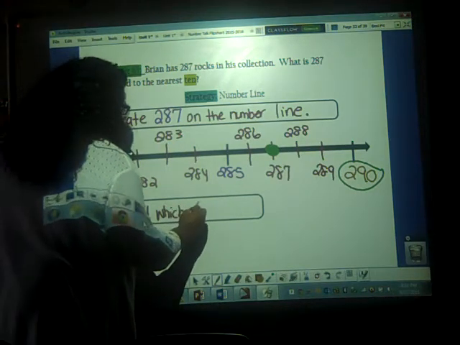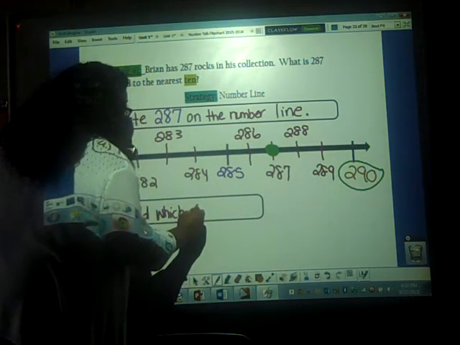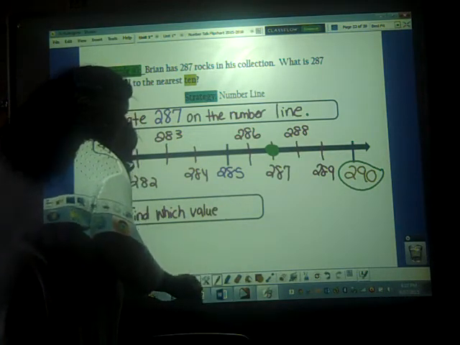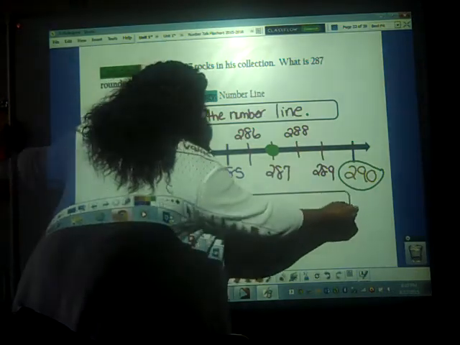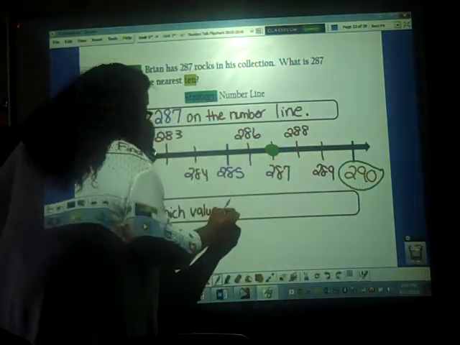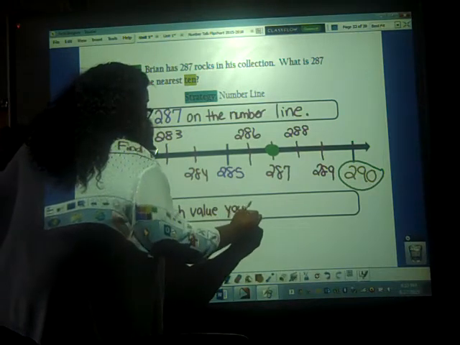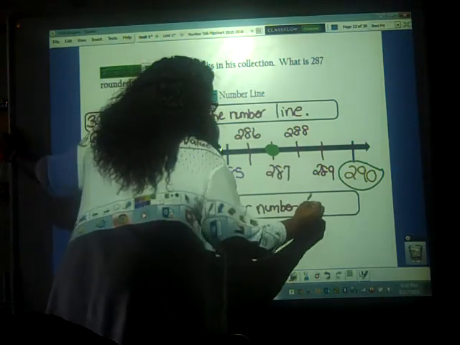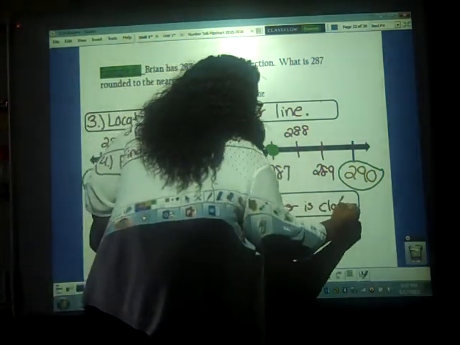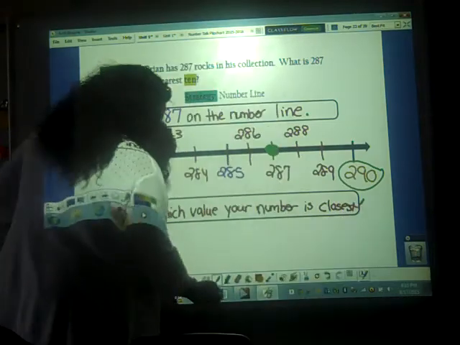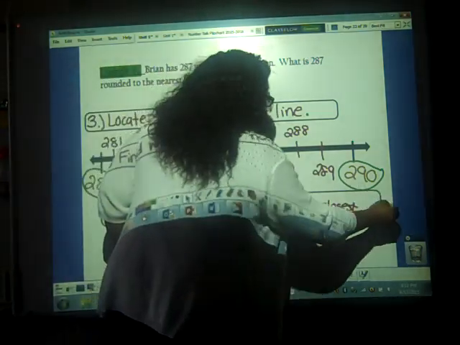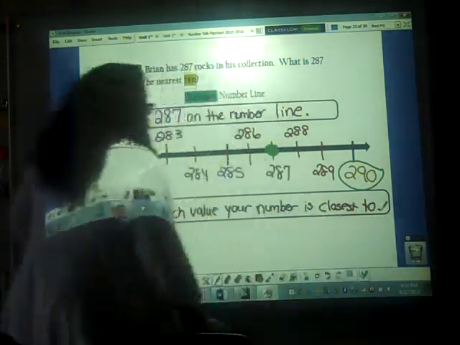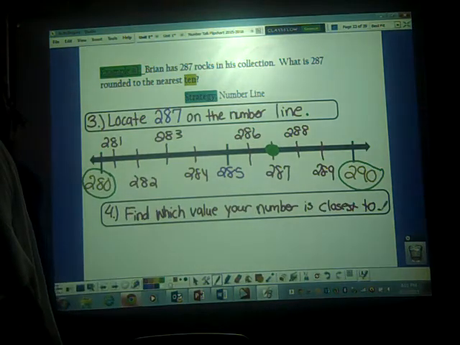Find which value your number is closest to.